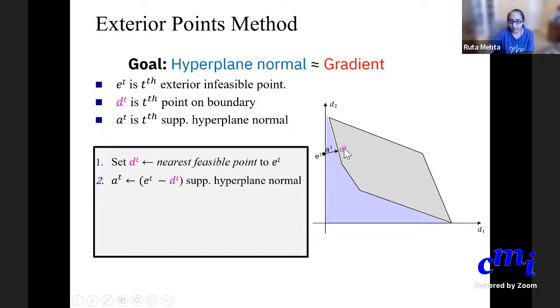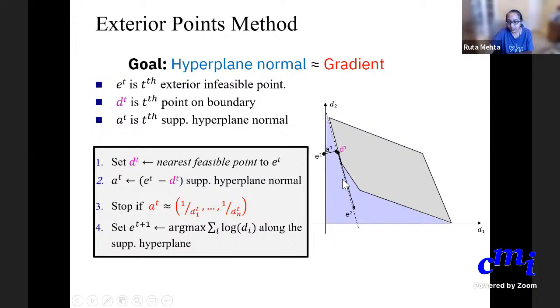We can show that this direction from E_i to D_i gives the normal of the supporting hyperplane at D_t. You stop when this normal is proportional to the gradient at D_t. If not, you continue.